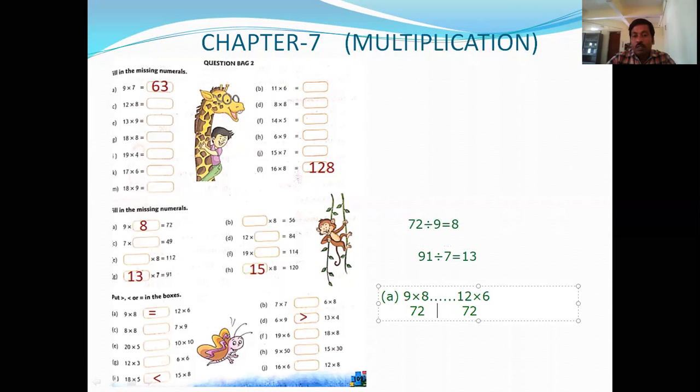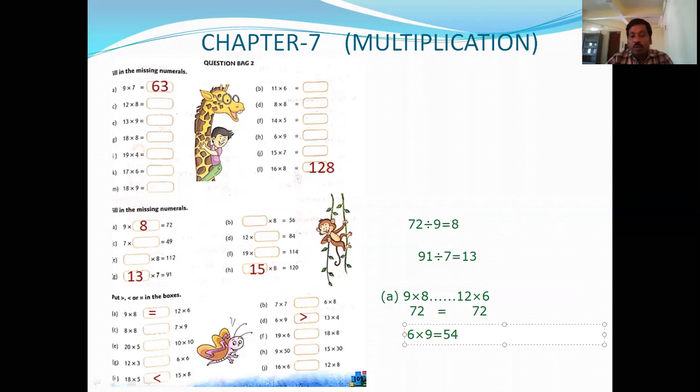So what is the relation between 72 and 72? Both are equal. Then we will insert the equal sign between these two numbers. Now here is another question. 6 into 9, when we multiply, we get 54.